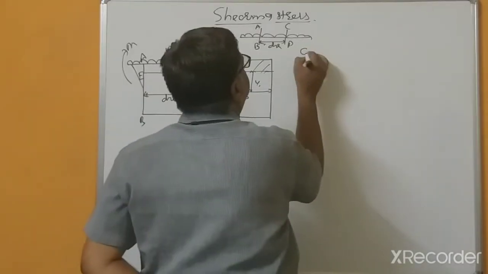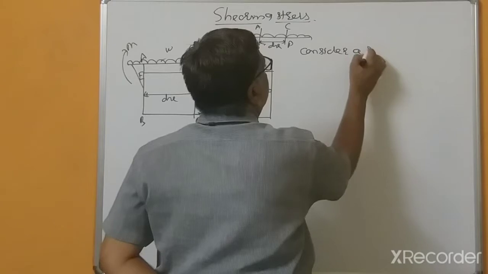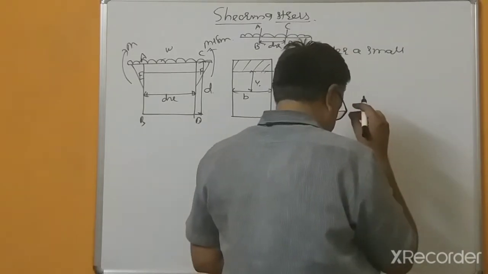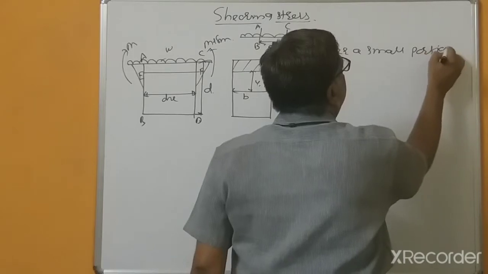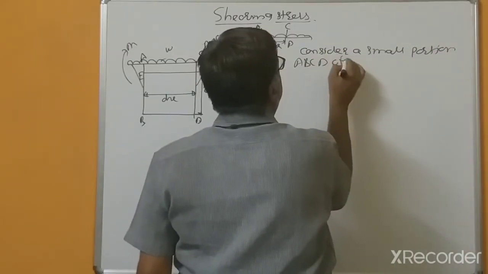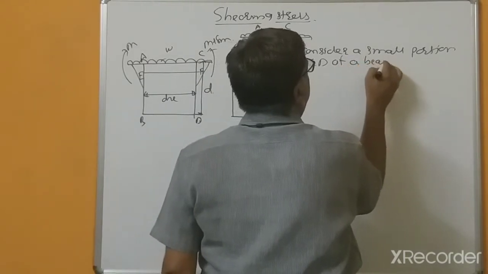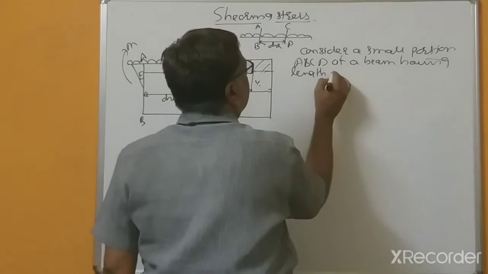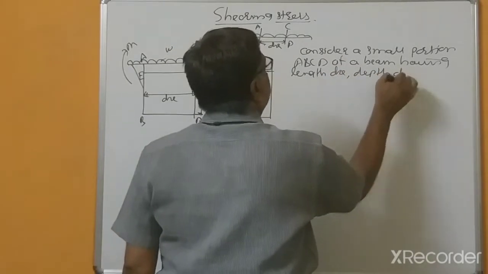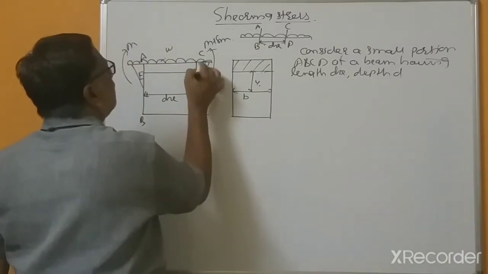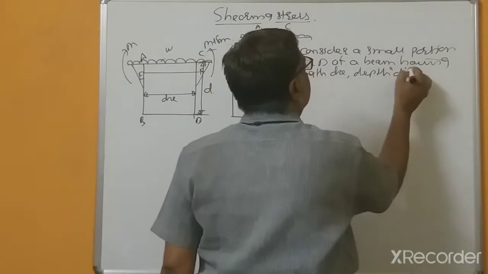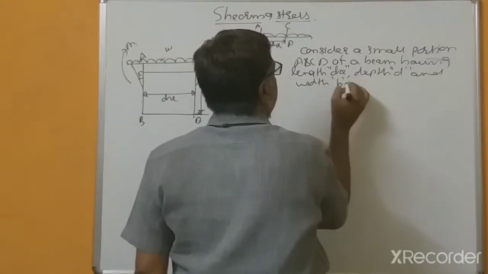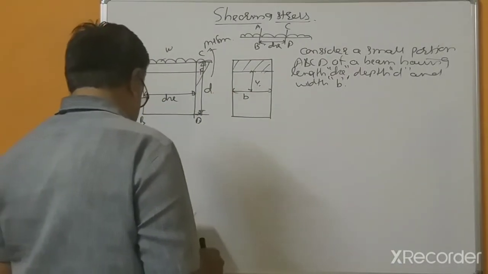So consider a small portion A, B, C, D of a beam having length dx, depth D, and width B. So this width equals B.